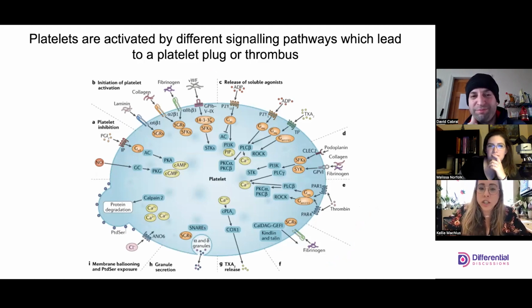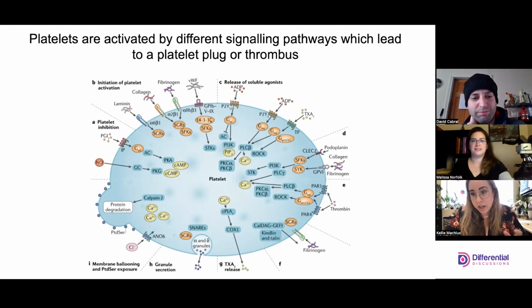So they're circulating unactivated and they have all these receptors. Kind of like ticking time bombs, right? And these receptors are sensitive to lots of different things. Fibrinogen, ADP.